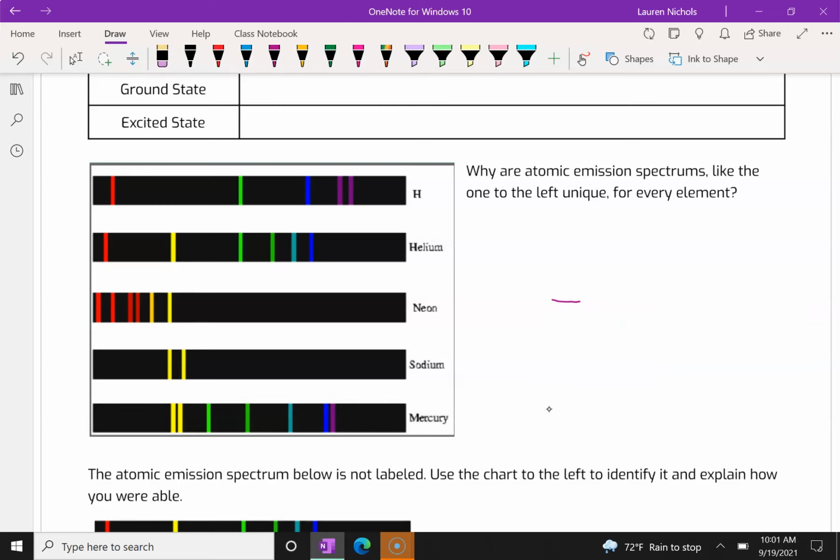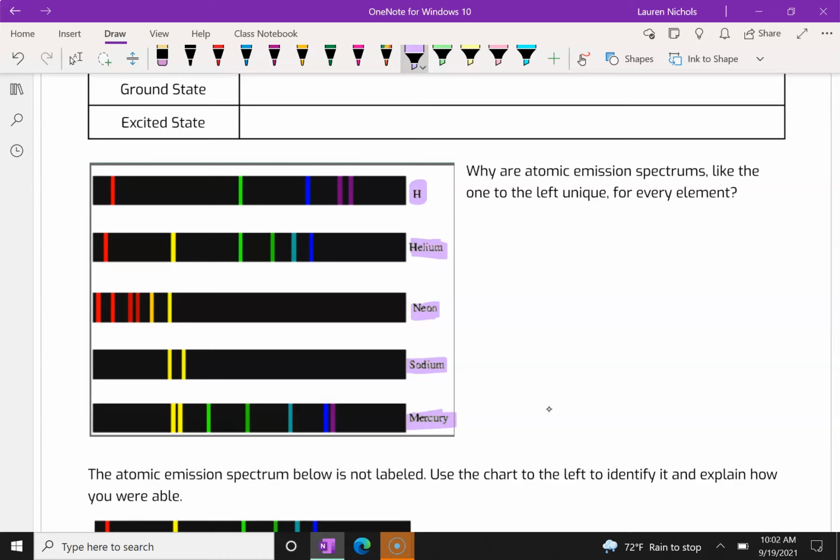And the atomic emission spectrum is unique for every element. So we can see we've got hydrogen and helium and neon and sodium and mercury. And they're going to produce different bands. And those bands represent the electrons that are moving from an excited energy level back to their ground state. And so those different movements among the levels produce unique light.